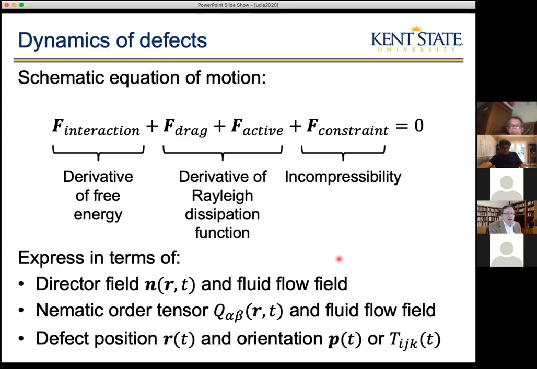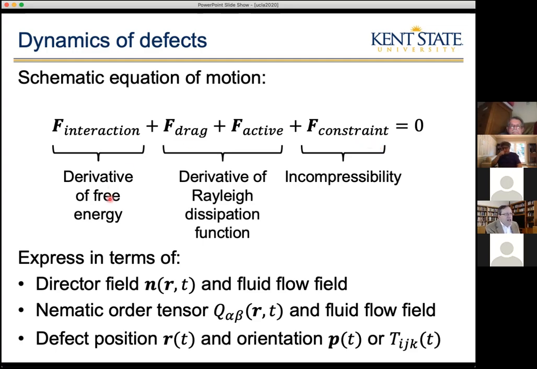My propaganda is like this: schematic equations of motion for over-damped materials, like liquid crystals, can be written in this form, that there's some kind of interaction force plus a drag force, plus maybe an active force in active materials, and maybe a constraint force. These are all the forces. They have to add up to zero in an over-damped material. In an under-damped material, that would be mass times acceleration. And in an over-damped material, it's just zero.